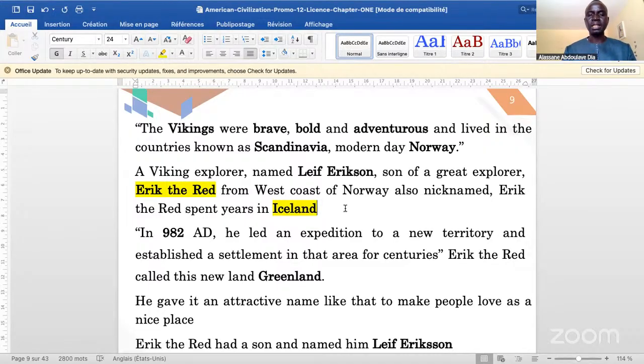What happened, class? Erik the Red spent years in Iceland. What is that? It was in 1982 AD. AD means Anno Domini, after Jesus Christ, après Jésus, ou bien après Christ. You see, 1982 is older than the time Christopher Columbus came to America.